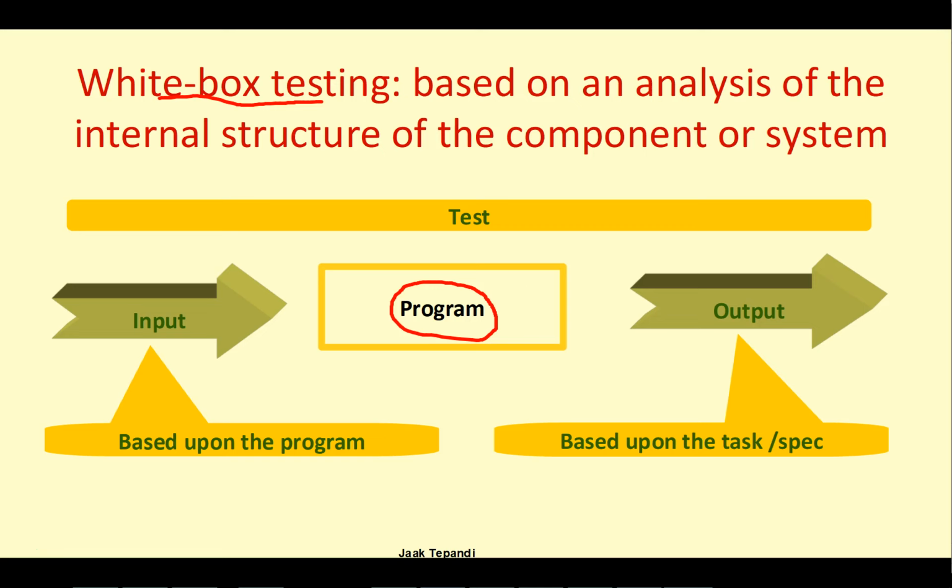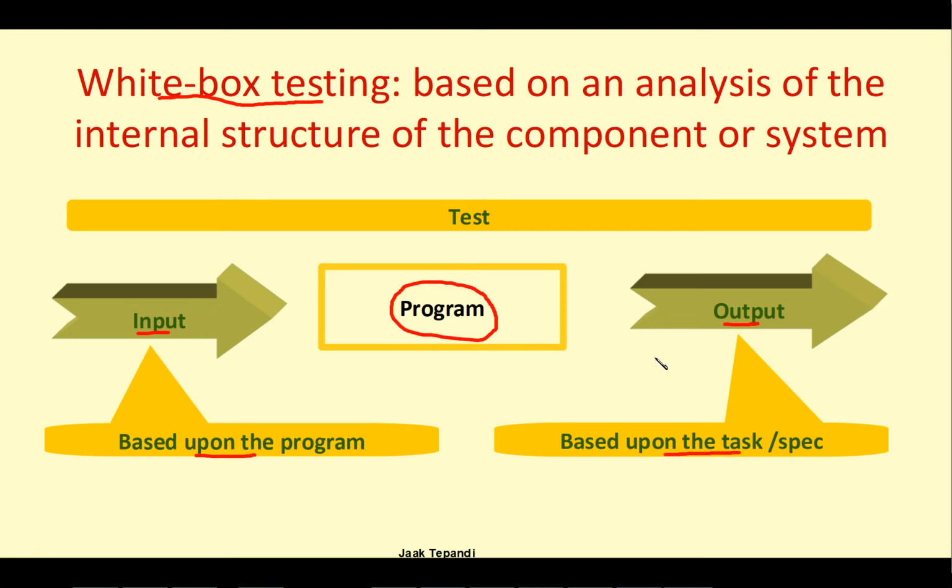The test itself consists of input and output. This is the usual definition of the test. But here the input is based upon analyzing the program, and the output is still based upon the task or specification.